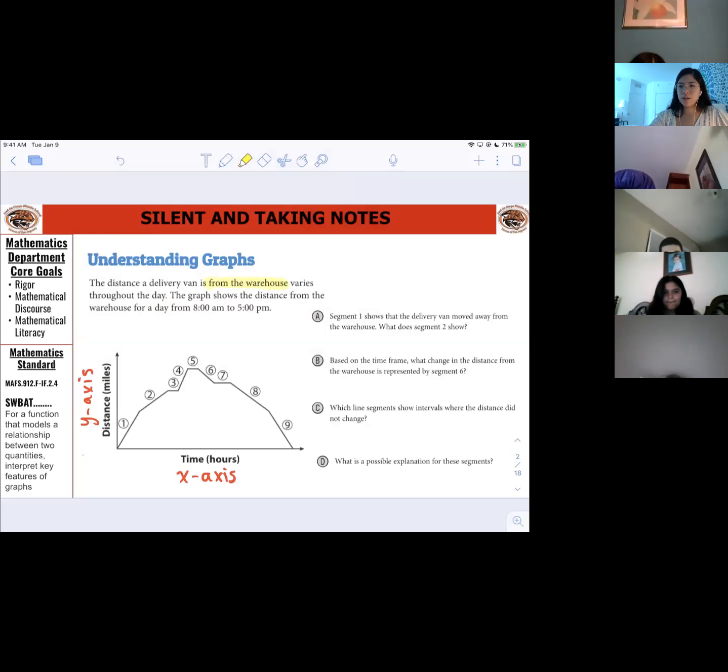So can someone tell me generally what happens? Generally, what is this van doing? What does it mean? Like the graph goes up and then it kind of comes down. So what does that mean about the van?